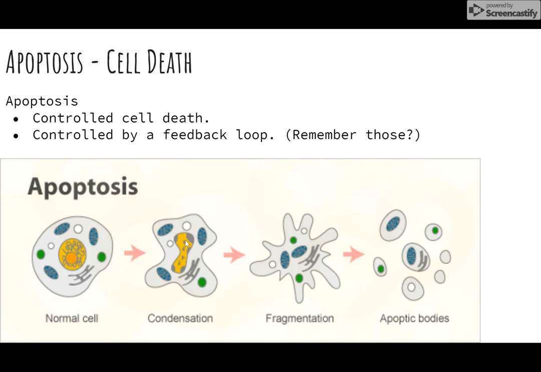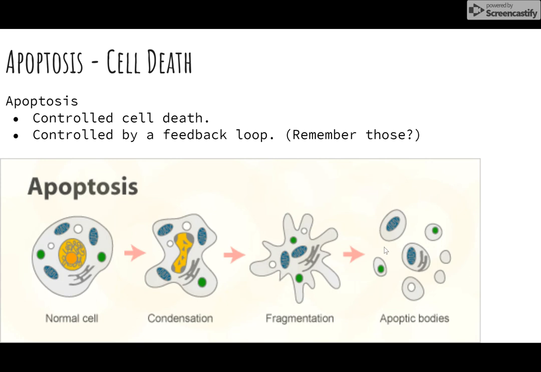So the first thing that's going to happen is that the cytoskeleton inside of the cell is going to collapse. It's actually going to start breaking down. And then the cell membrane, because there's no support structure anymore, is going to start collapsing in.